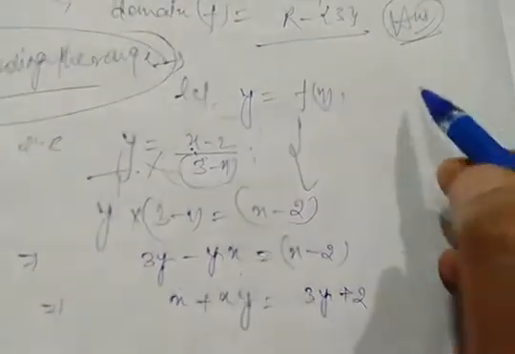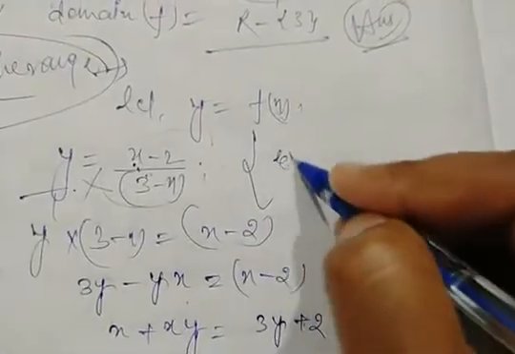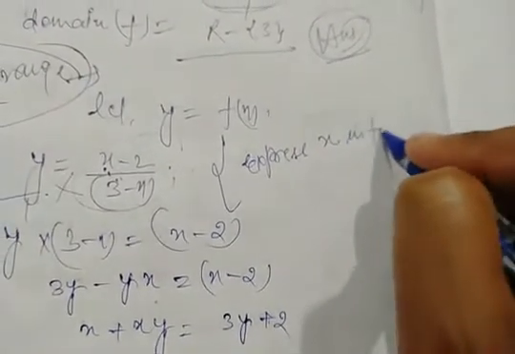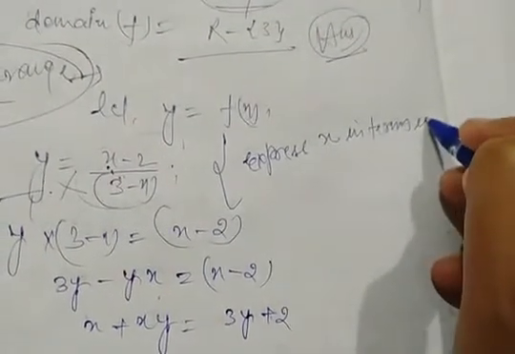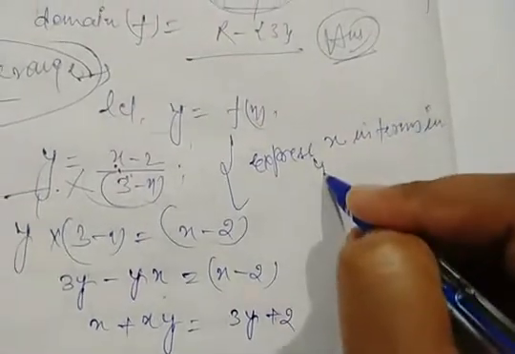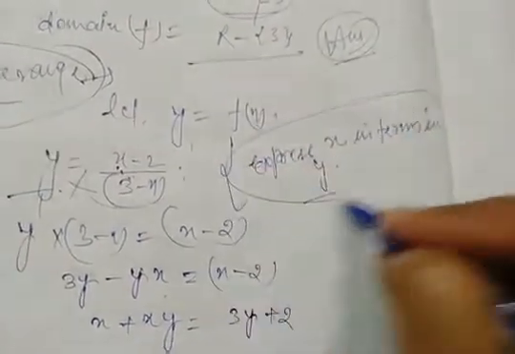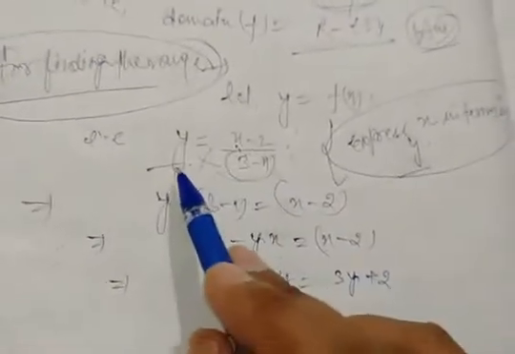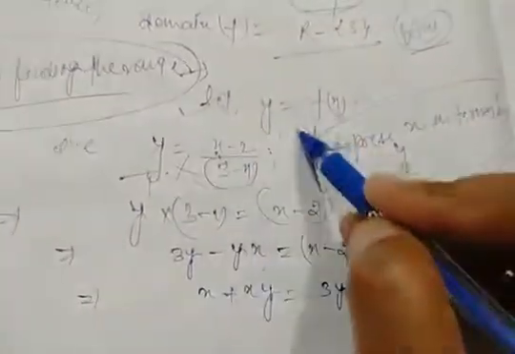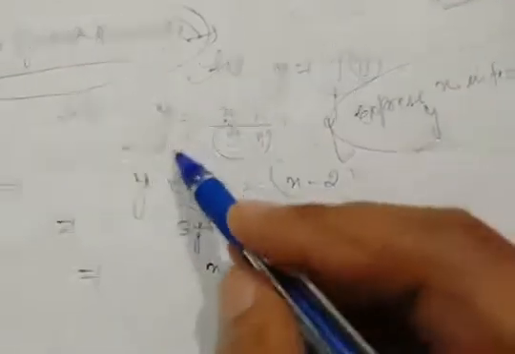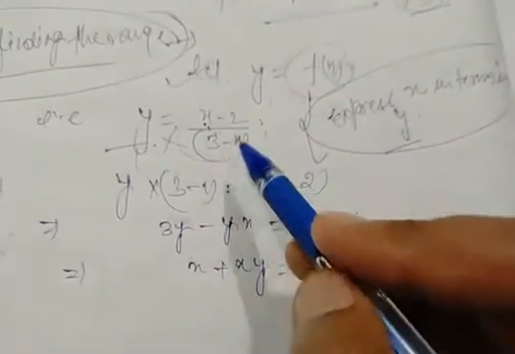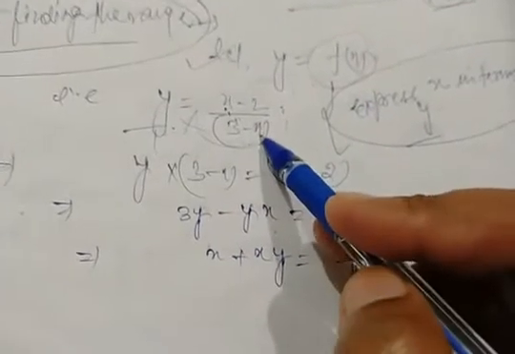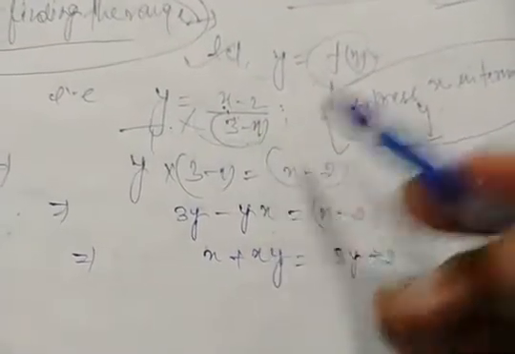Now here we express x in terms of y. This point is to be remembered. Okay, now let's see. In the first step we take y is equal to f of x, the given function, that is y is equal to (x minus 2) upon (3 minus x). In the second step we solve the equation, so we express x in terms of y.